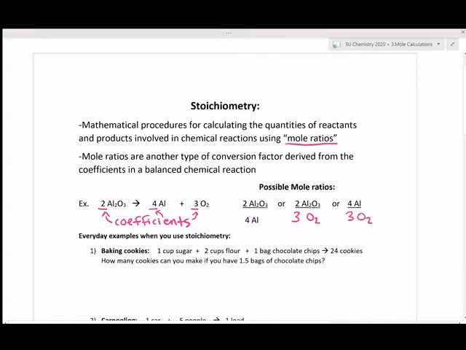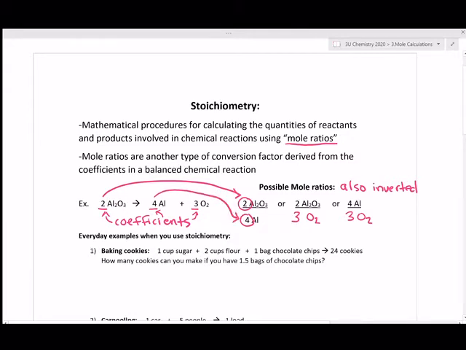Okay, and any of those can be written upside down as well, also inverted. So any of those could be flipped, is what we mean. Remember, those numbers are coming from here.